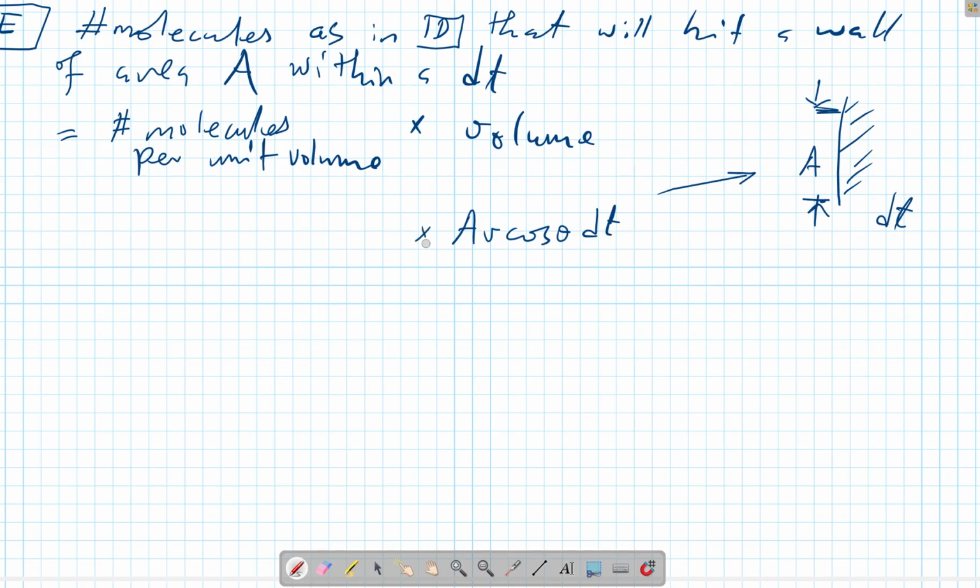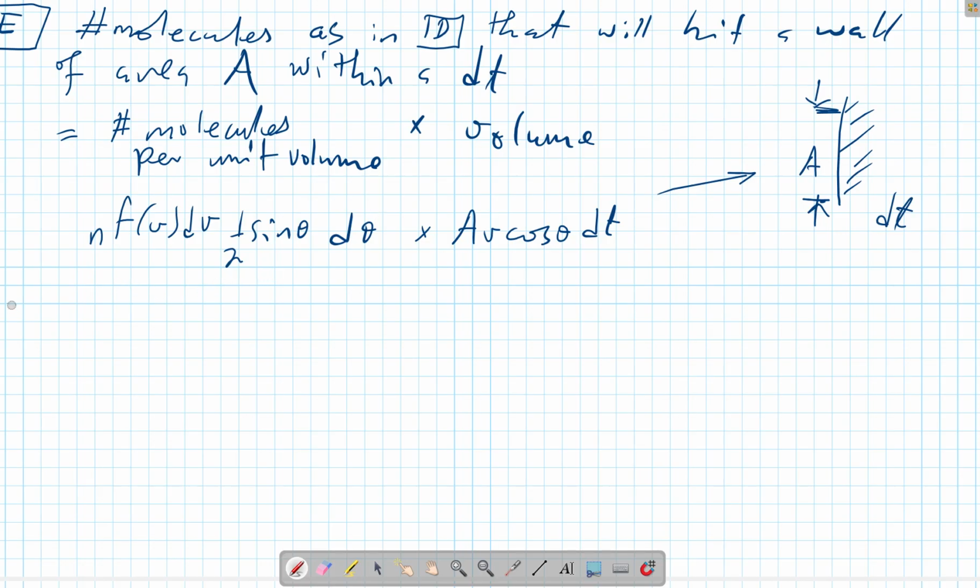So we multiply this volume with the answer we obtained in point D, which is the number of molecules per unit volume with speed between v and v plus dv and direction within theta and theta plus d theta. So this is n f of v dv times 1 over 2 sine theta d theta, right? So that's it for point E.